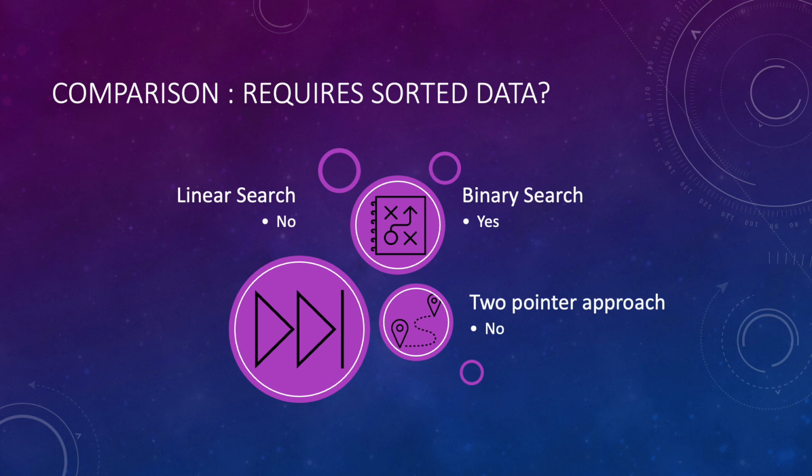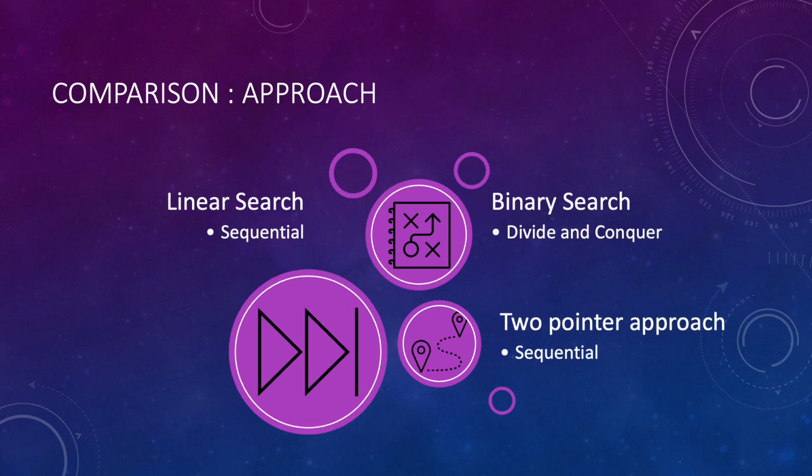Let's talk about which approach requires sorted data. Linear search and two-pointer approach do not require the data to be sorted. However, binary search is only possible on sorted data sets. Next up, we have the approach for these three techniques. The linear search approach is basically accessing elements in a sequential manner, one by one.